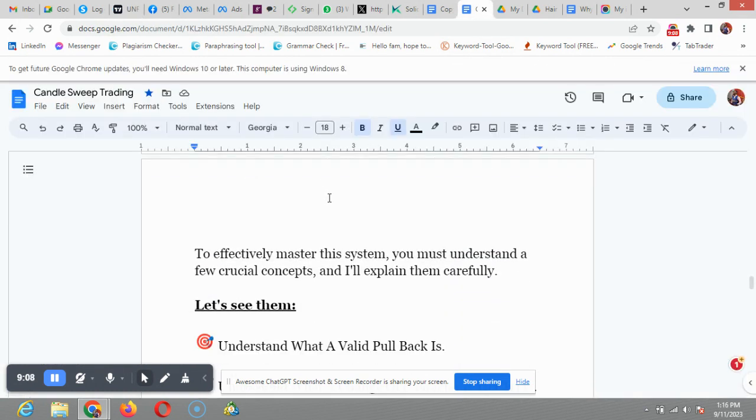Now for you to effectively understand this system, there are very few crucial concepts, and I will explain them carefully in our subsequent classes, so that you can understand how they work and how you can use them to make your trading system effective.